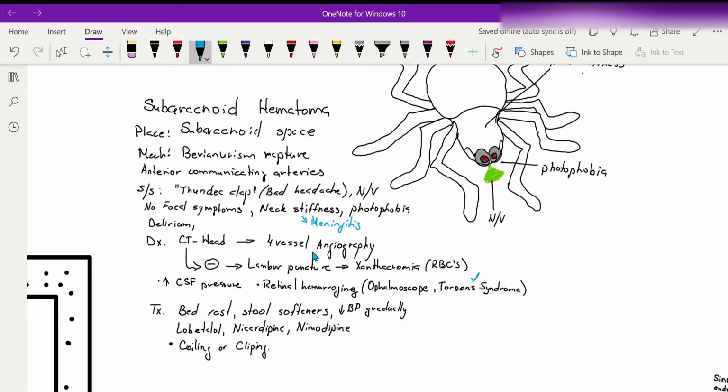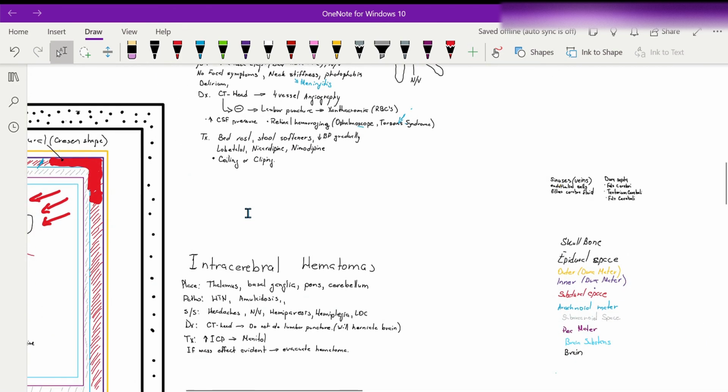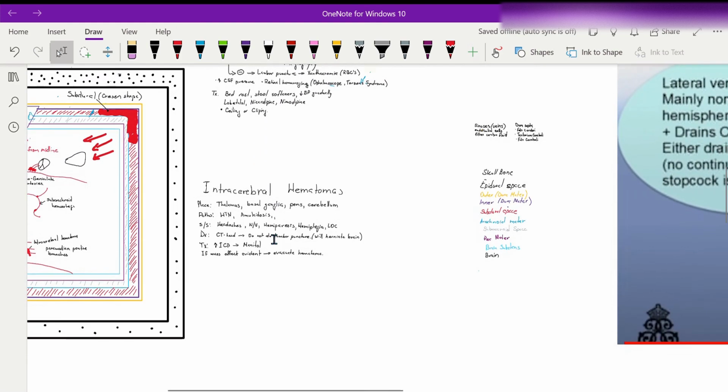So you can assess for cerebral hematoma with an ophthalmoscope. So treatment: bed rest, stool softeners, decrease blood pressure gradually, labetalol, nicardipine, nimodipine, coiling or clipping of that area.